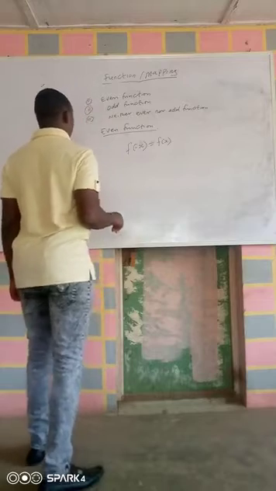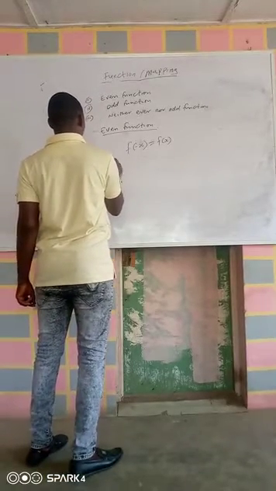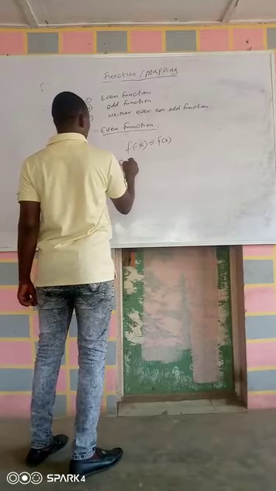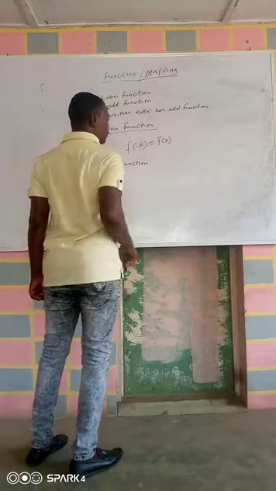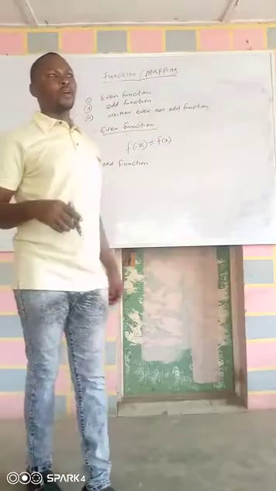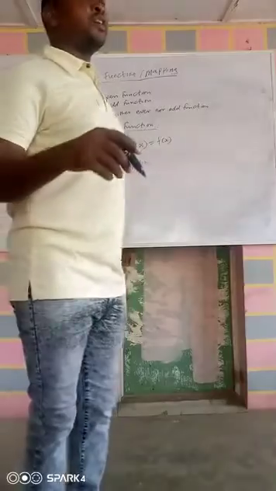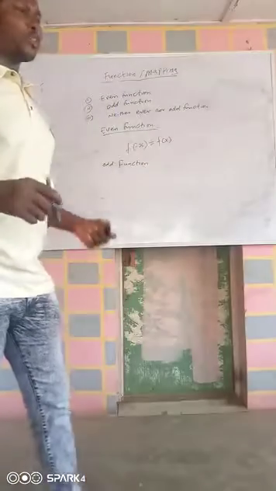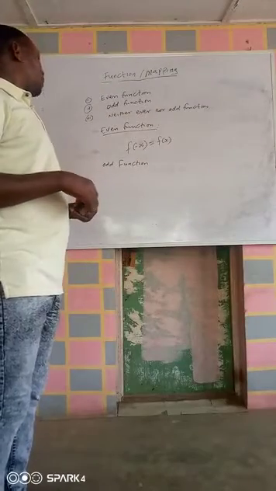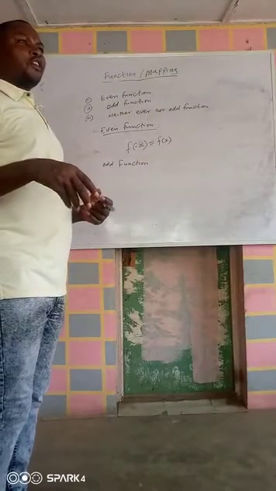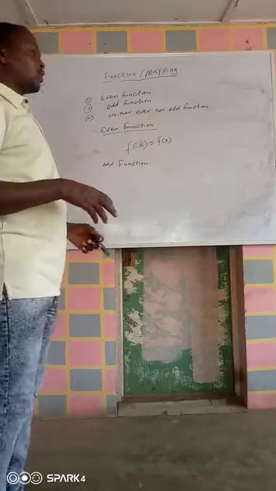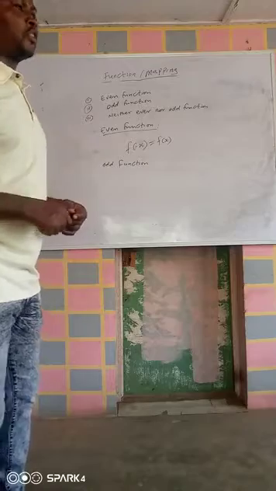So we can also have an odd function. An odd function is when you substitute a negative variable to replace the variable in the function, it gives us the opposite of the original function given.